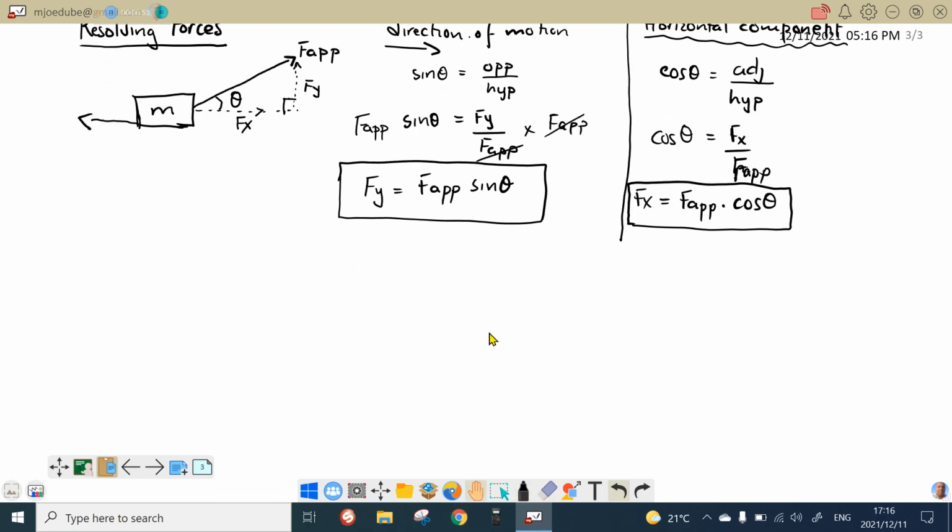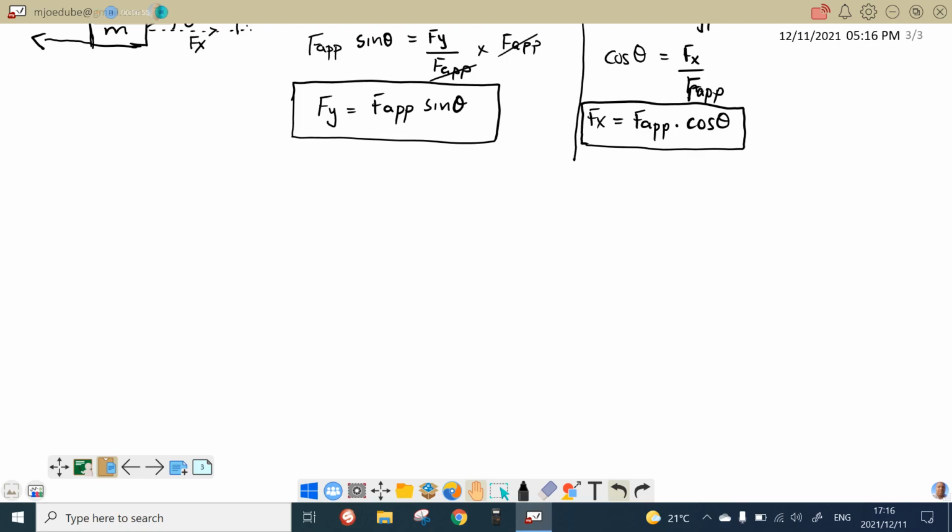So, given an example, if you have an object of mass, let's say 5 kgs, and this object is pulled along the ground by an applied force of 32 newtons, and this force acts at an angle of 25 degrees to the horizontal.